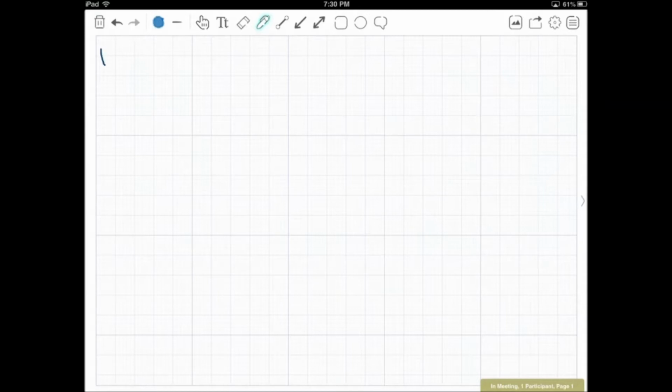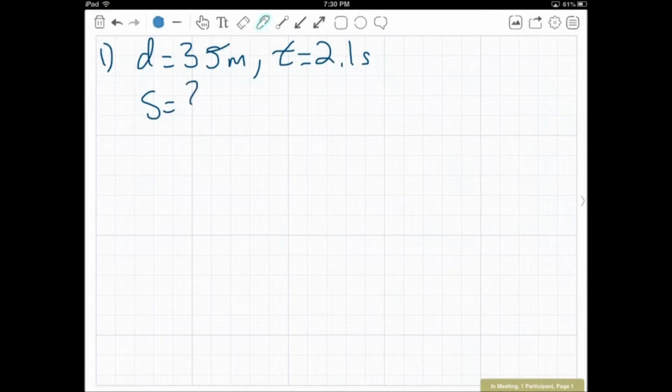Alright, number one, I'm using the GUESS method for all these problems. Number one says a pitched baseball goes 35 meters, so my distance is 35 meters, in 2.1 seconds, so my time is 2.1 seconds. It says, what is the speed of the baseball? So this is like a really easy junior high level problem, actually.